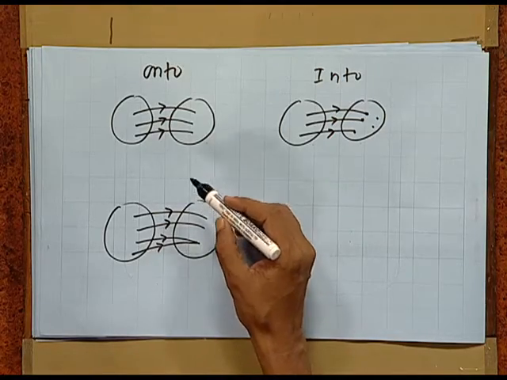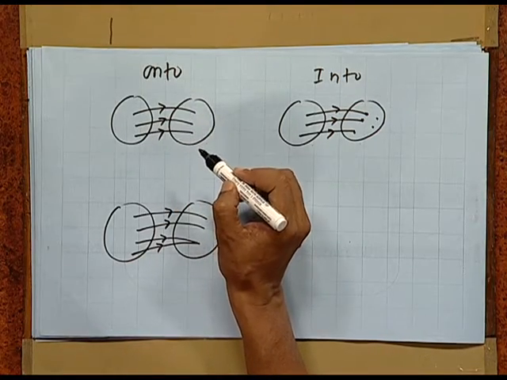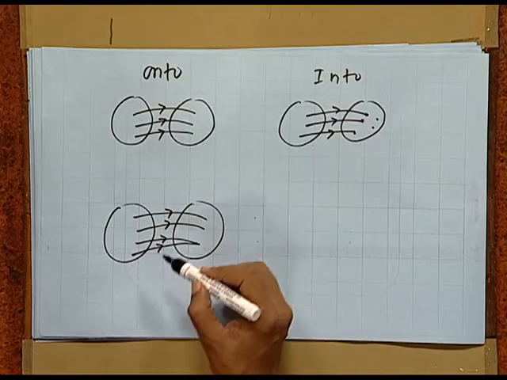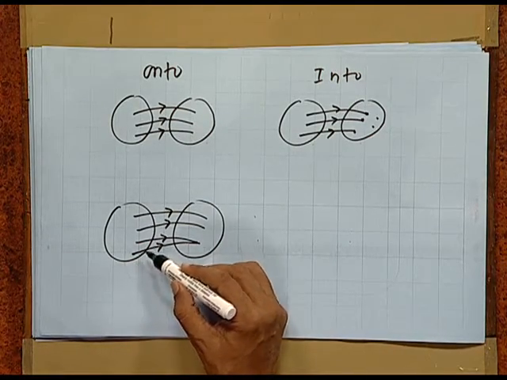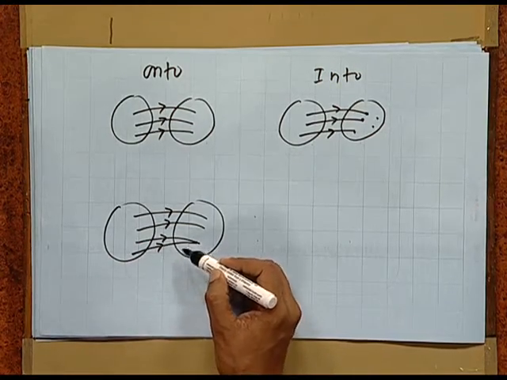Can you guess? Well, in the first example there is no common image, whereas in the third example there are common images.